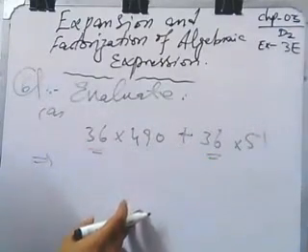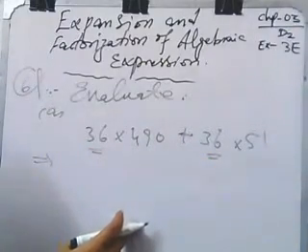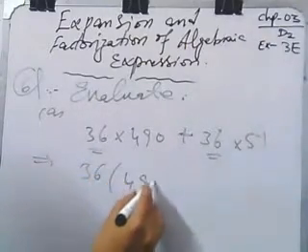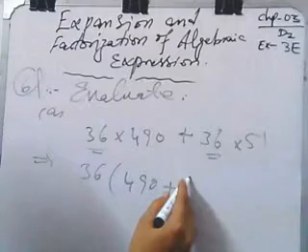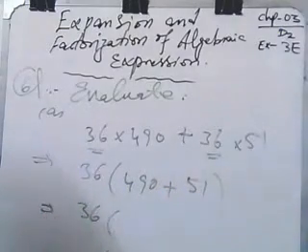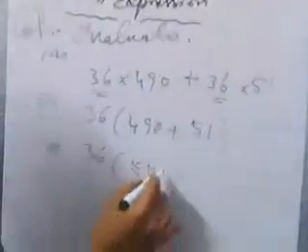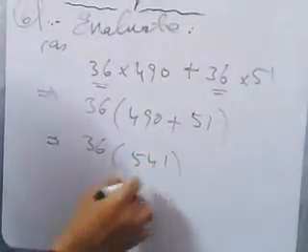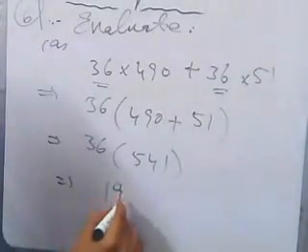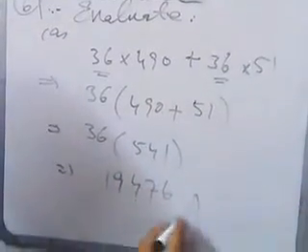So you can see which term can be common, you take it common. 36 you take common, that is 490 plus 51, you will get 36 into 541, and after multiplication, using the calculator, 19476. So here is your result.